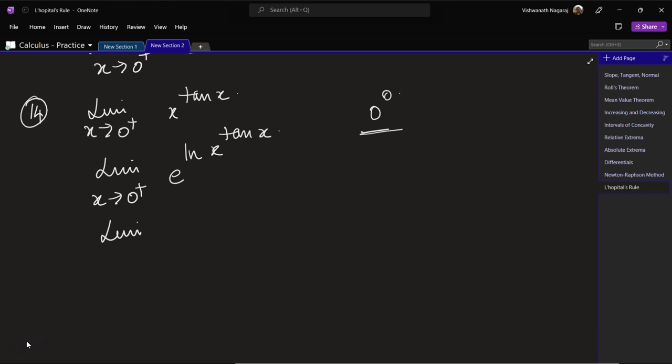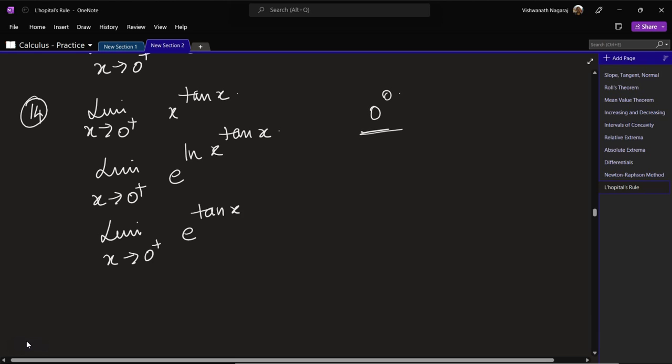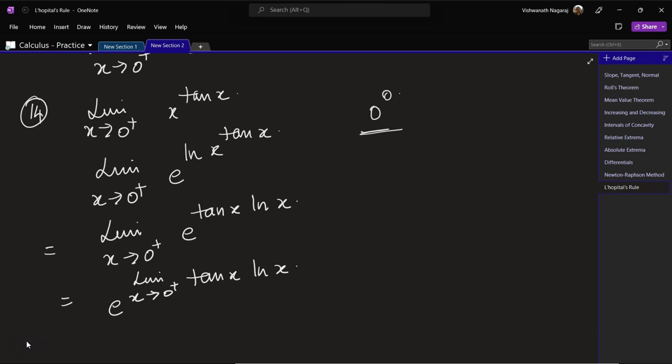So now this can be written as the limit as x approaches 0 of e to the power of, the exponent we can bring down, tan x natural log of x, right? And since this e is a constant, we take the limit in. So the limit as x approaches 0 from the positive side of tan x natural log of x. Again, we just have to figure out the limit of this and put it as the exponent of e.